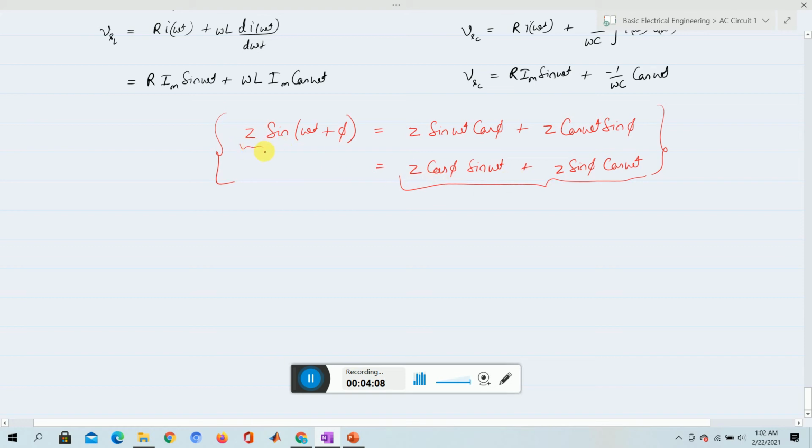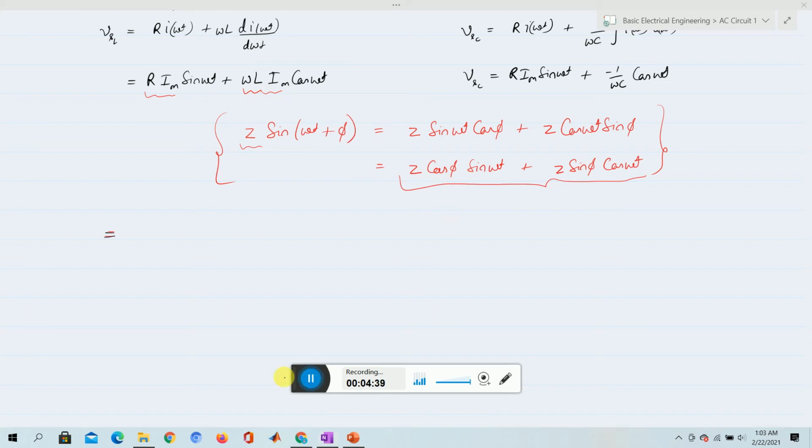You can think of this as the polar form, and these as the x and y components of it. So we can rewrite this thing in this equation.